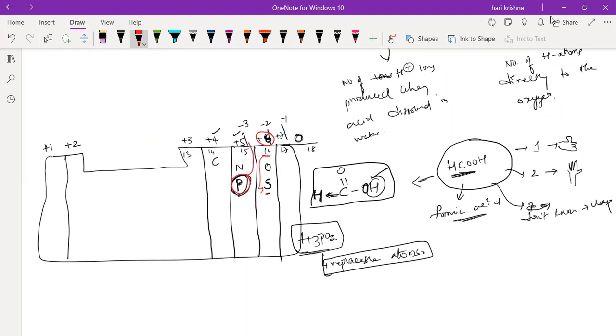The valency is +5, so it will have 5 bonds. The valence is -3 also, right? Why can't we take 3 bonds? For 3, it has to accept electrons. It can form PCl3 also, and it can form PCl5 also.